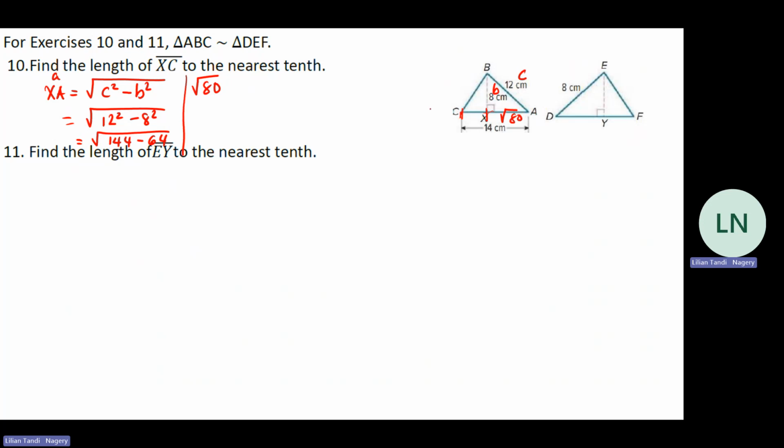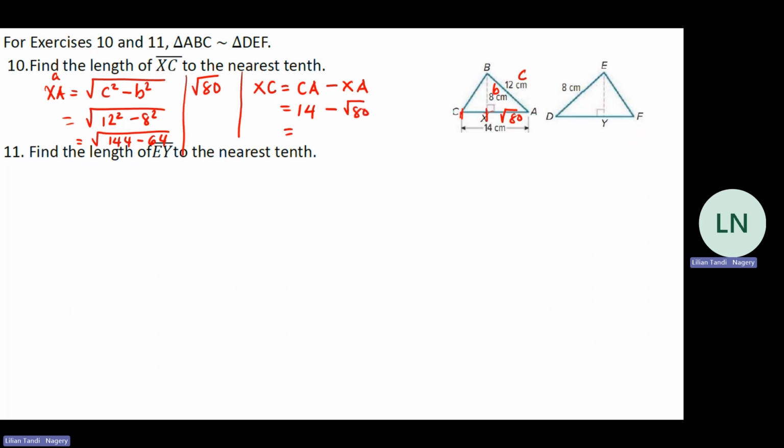So we want to find XC. We will write here XC equals CA minus XA. CA is 14, and then we minus the square root of 80.